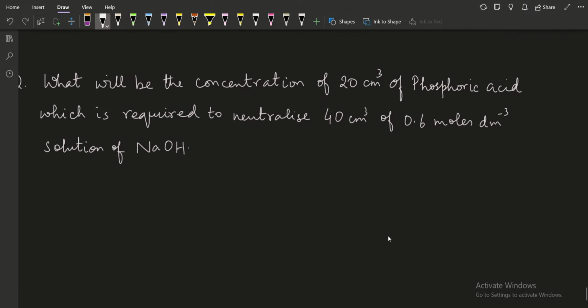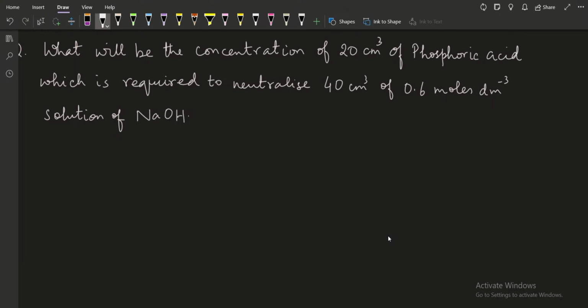Now the next question is: what will be the concentration of 20 cubic centimeter of phosphoric acid, which is required to neutralize 40 cubic centimeter of 0.6 moles per cubic decimeter solution of sodium hydroxide? Again we will follow the same steps. Step number 1, we'll find the number of moles, and before that we have to write the data.